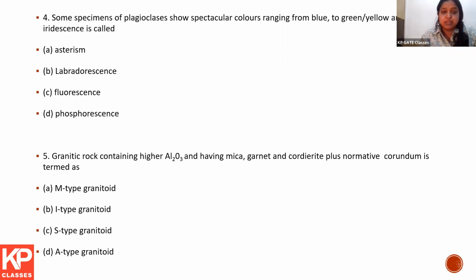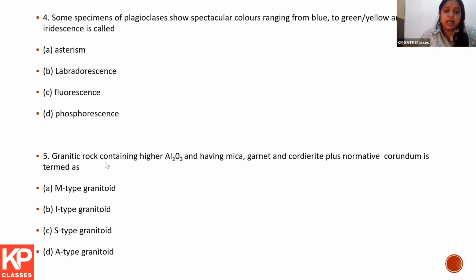This is also associated with plagioclase, like the peristerite and Bøggild lamellar intergrowth. So from the same section, they asked two questions.